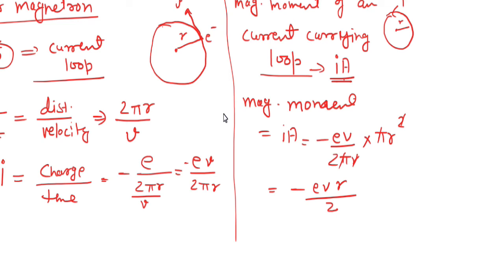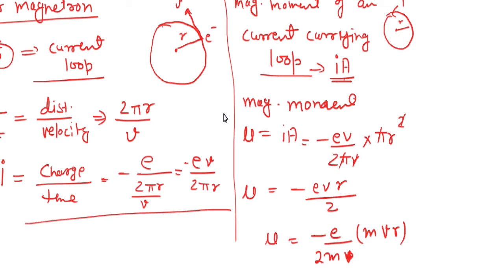Let this be denoted by mu, magnetic moment is denoted by mu. Let us multiply this equation with m in numerator and denominator. So we will have minus e by 2m into mvr.